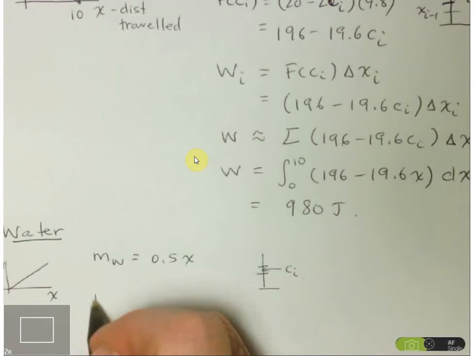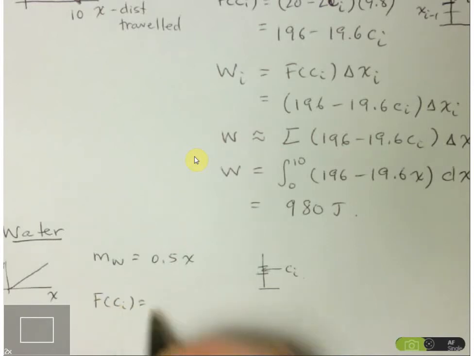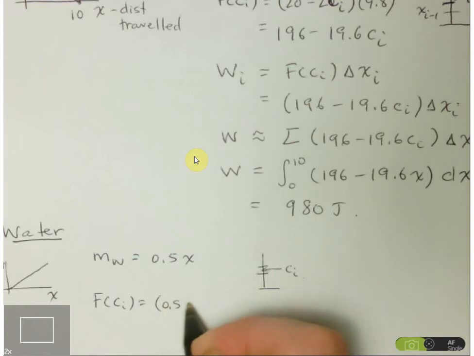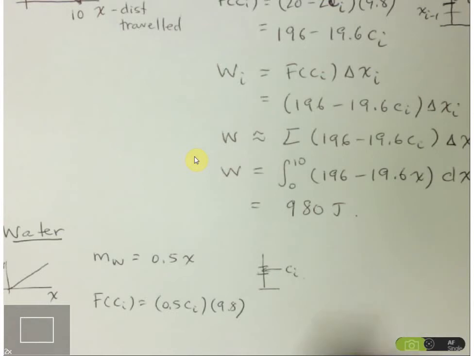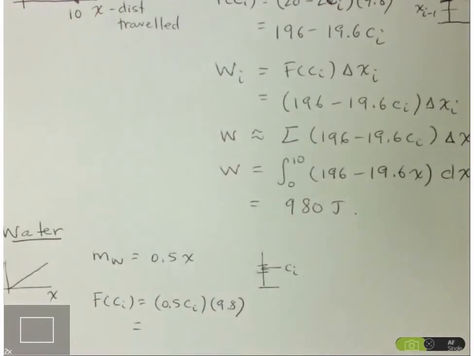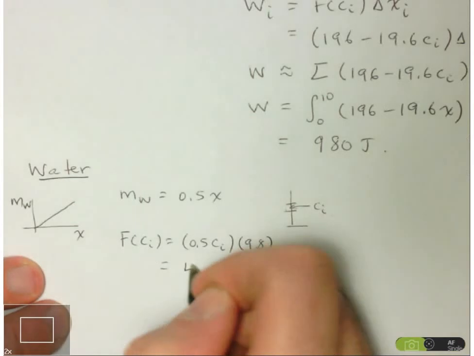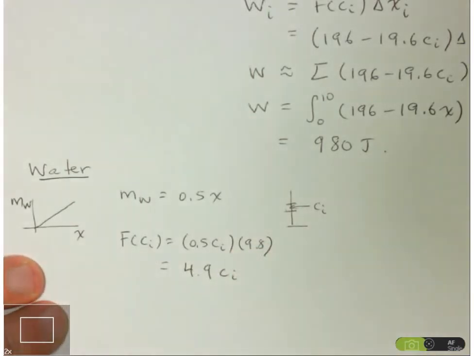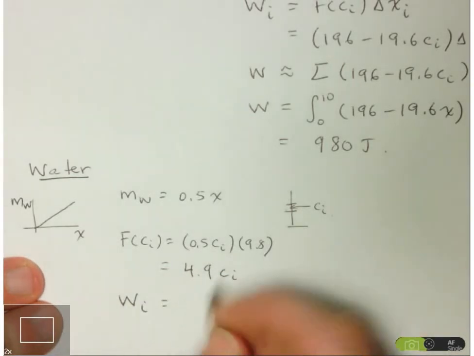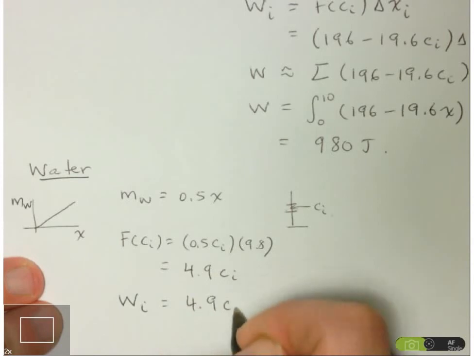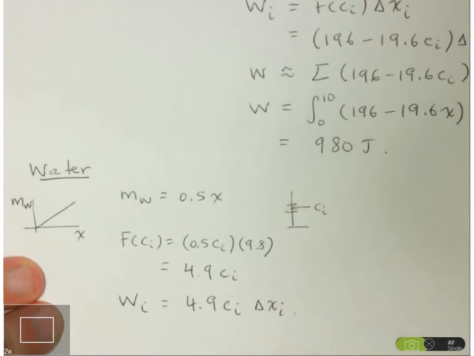The force at c_i is 0.5 c_i times 9.8, which is 4.9 c_i. So the work to carry up the water up that small subinterval is 4.9 c_i, the force, times the displacement, delta x_i.